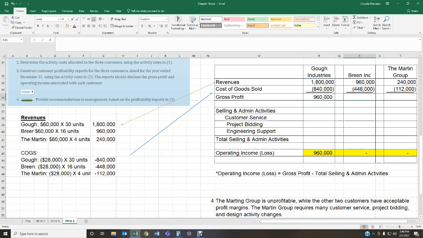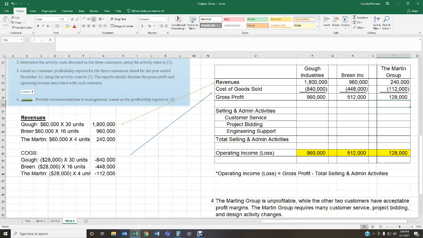So we're going to do our calculations for each of the customers. And that gives us gross profit of 960,000 for Go, 512,000 for Bryn, and the Martin Group 128,000.